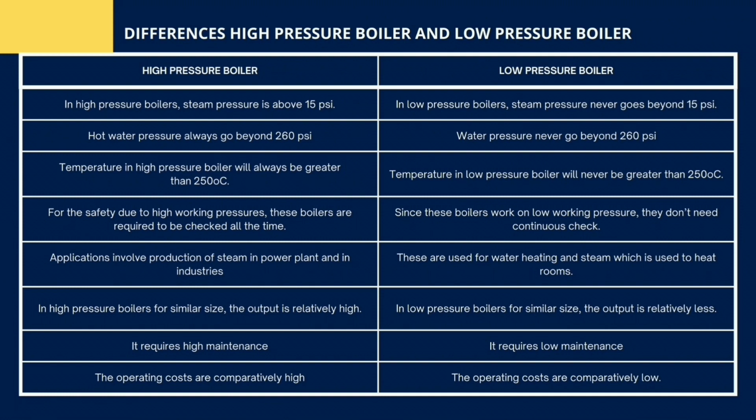High pressure boilers require high maintenance, while low pressure boilers require low maintenance. And the last one is that the operating costs are comparatively high for high pressure boilers and comparatively low for low pressure boilers.